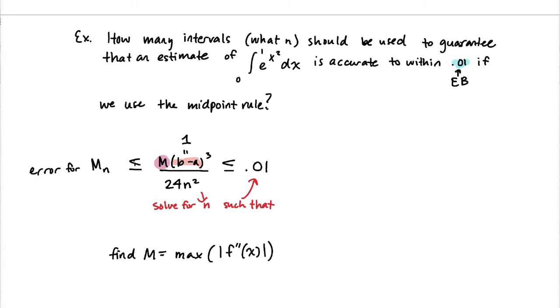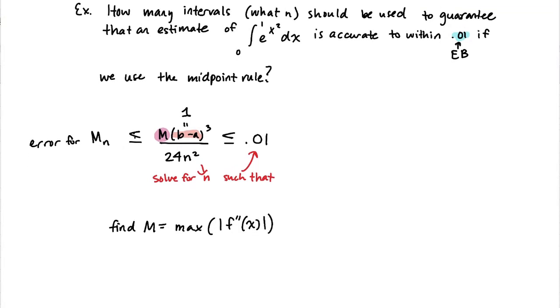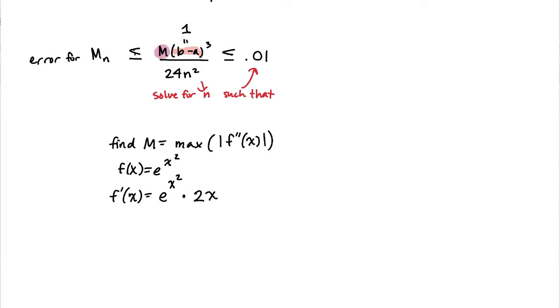First we need to calculate the second derivative. f of x is equal to e to the x squared. For f prime of x, we've got chain rule galore happening here. First, it's e to the x squared, times the derivative of the inner function x squared, that's 2x. That's our first derivative.